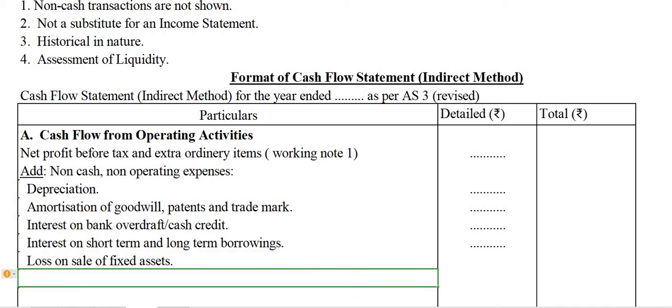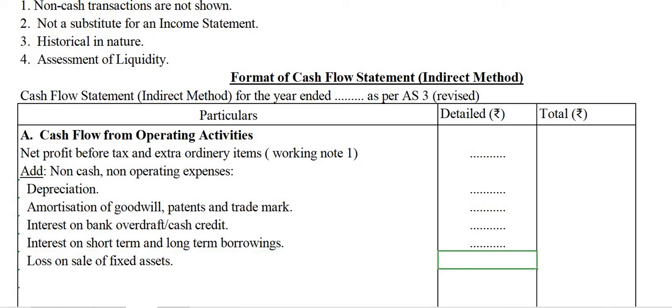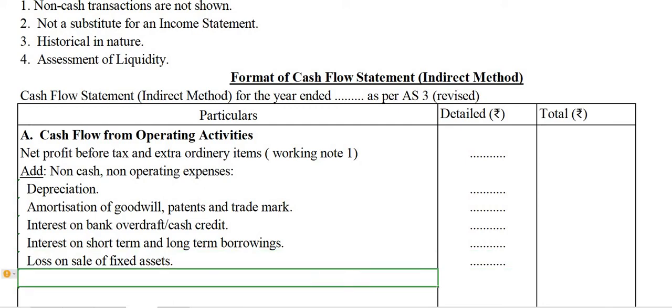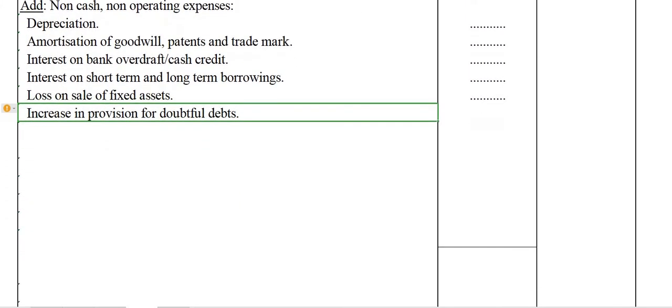Then loss on sale of fixed assets. This is also a non-operating expense. We have sold the asset and that sale was at a loss. How much is the loss? That will be written off. It will be added back. Then increase in provision for doubtful debts. If there is an increase in the doubtful debts provision created, for example, last year provision for doubtful debts was 5,000.